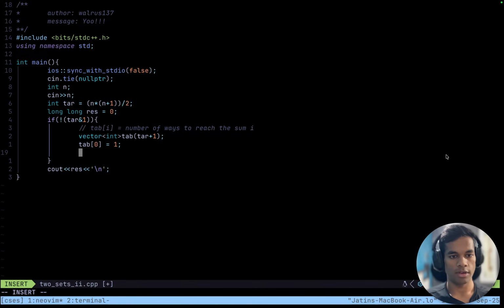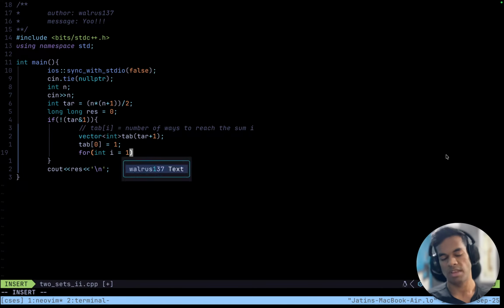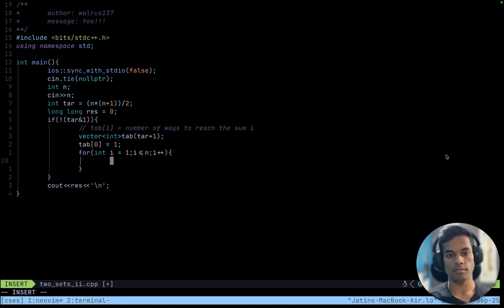So now we can begin. We are using the first I coins, with I starting from 1, when we are only using the first coin, and it will go up till n when we are using all the coins. When we are using the first I coins, we will start to iterate from s equal to tar. How many ways are there to get to a sum of s using the first I coins?